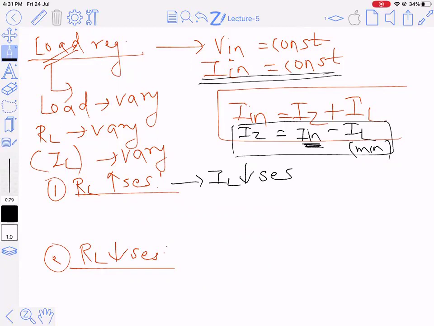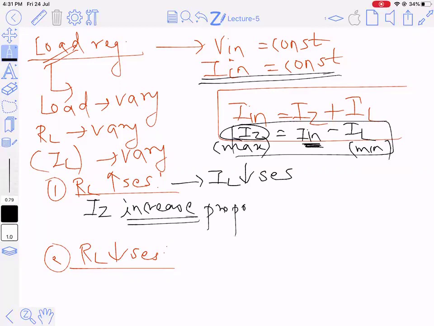That's the work of a regulator. So what will happen in this case is the Zener current will increase proportionally, and V naught becomes constant.